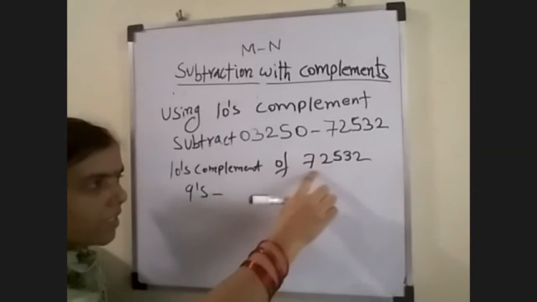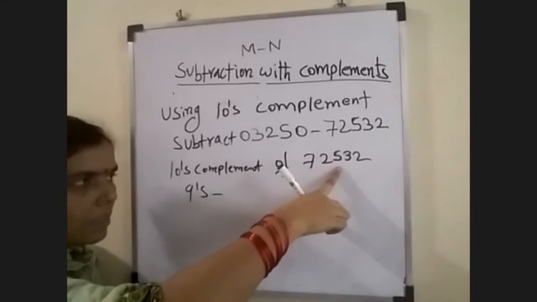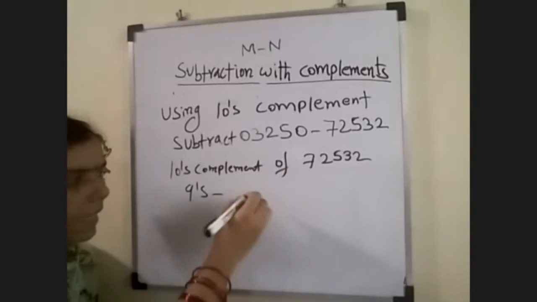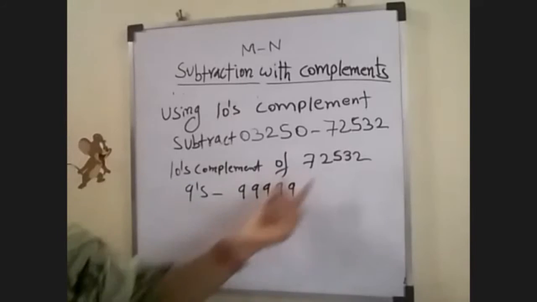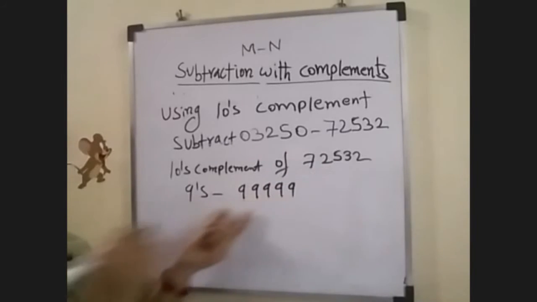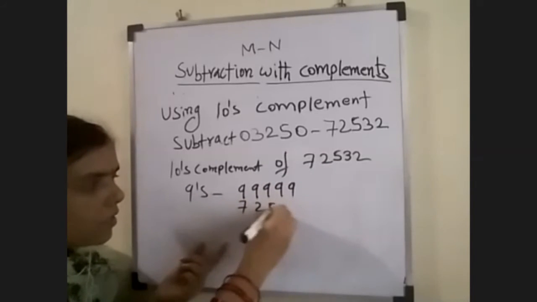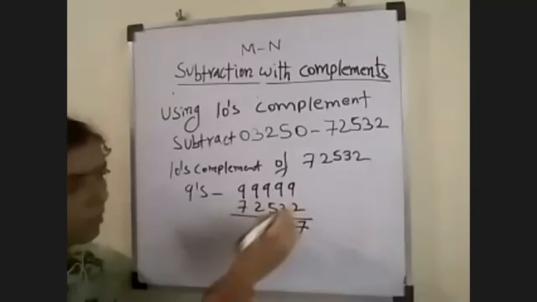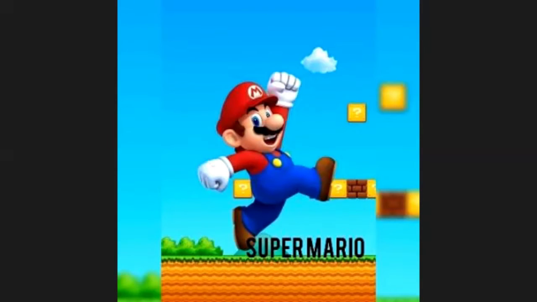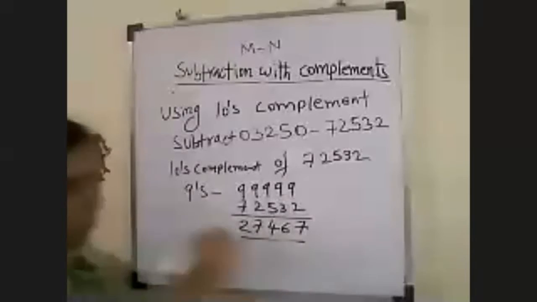How many digits are there? 5 digits, right? Take five 9's and subtract this value, 72532, from those 9's. And what is the result? 27467, right? So this is the 9's complement.